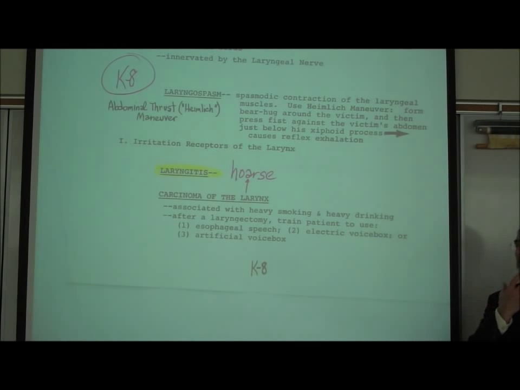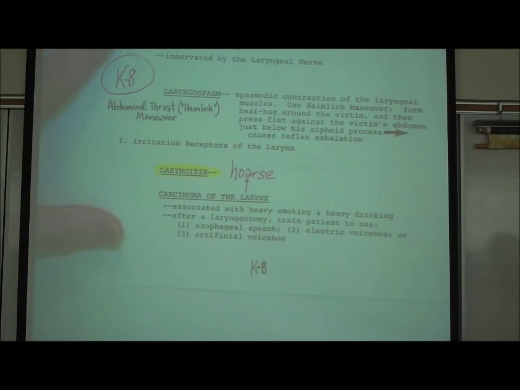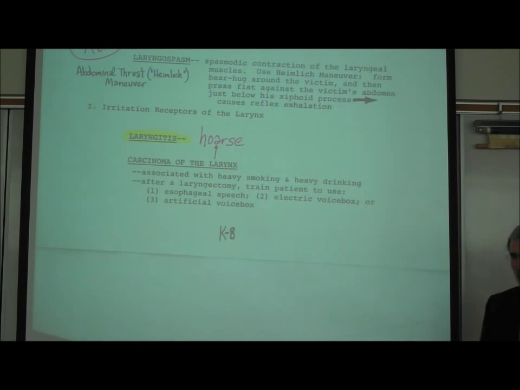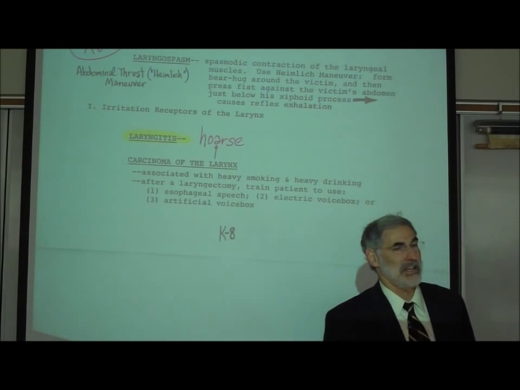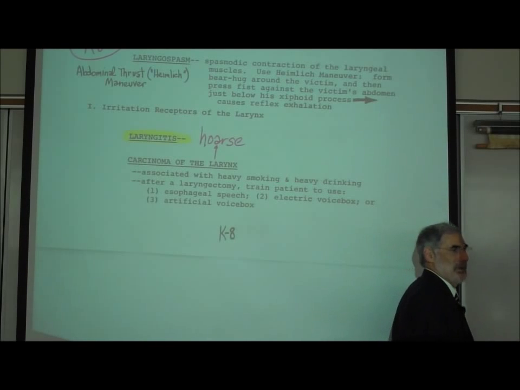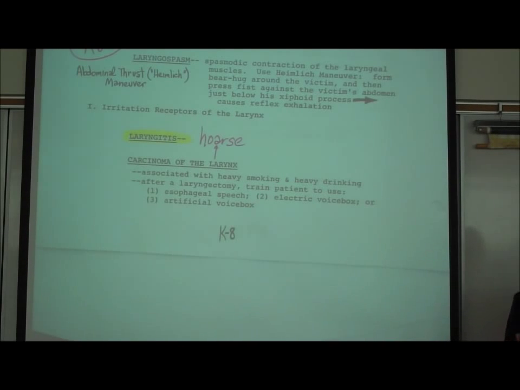So if they remove the larynx, that means they're removing where the vocal cords are. So then the person can't speak. One of the things they might give them is an electronic voice box. I don't know if you've ever heard somebody, but it sounds like, I am Zorg, I'm from the planet Xenon. It sounds like they're from another planet because it's a very metallic, electronic sounding voice, but better than not being able to speak at all.